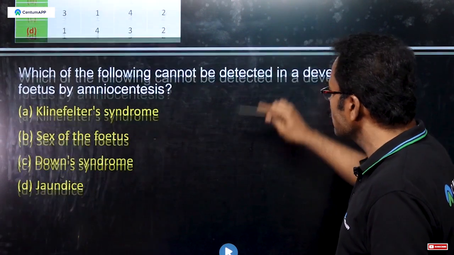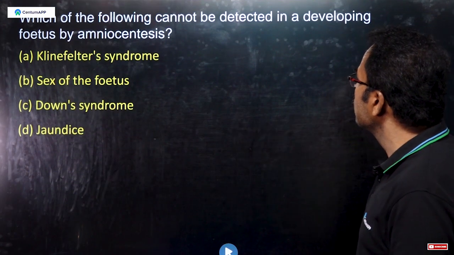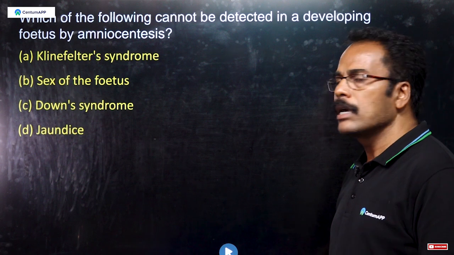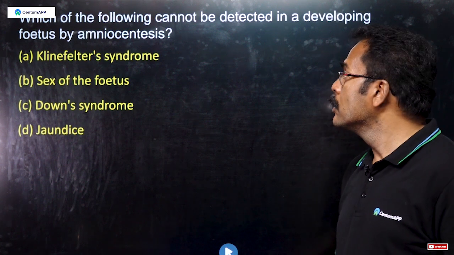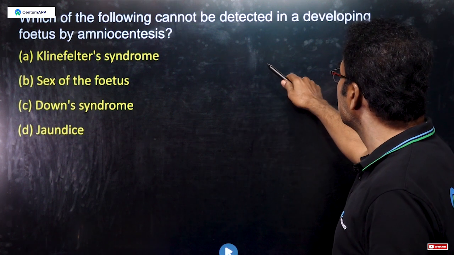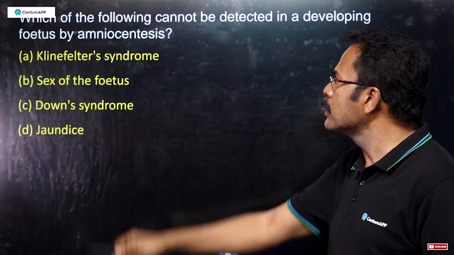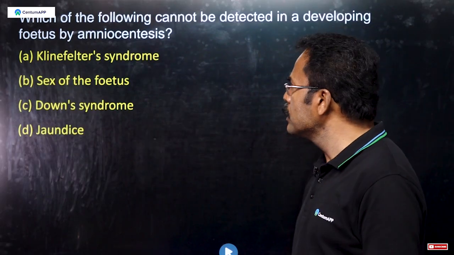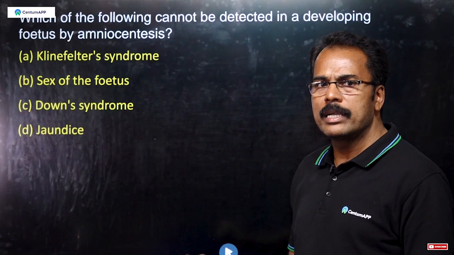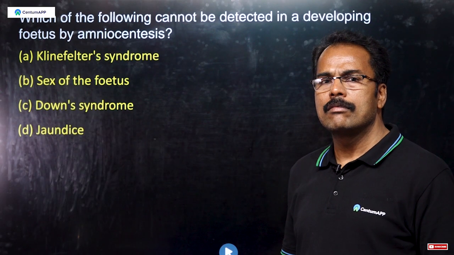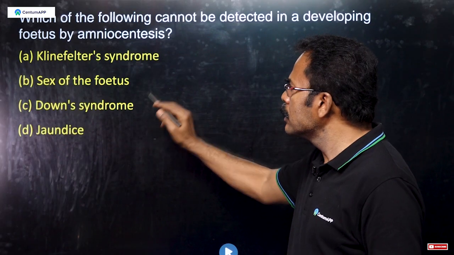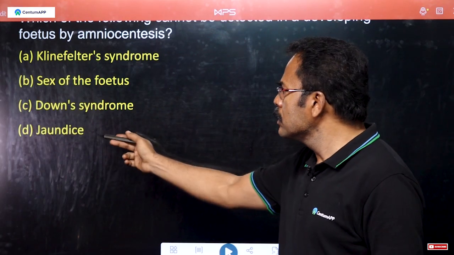Next question, which of the following cannot be detected in a developing fetus by amniocentesis? Amniocentesis is a method which can identify Klinefelter syndrome, the sex of the fetus, and Down syndrome, but not jaundice.